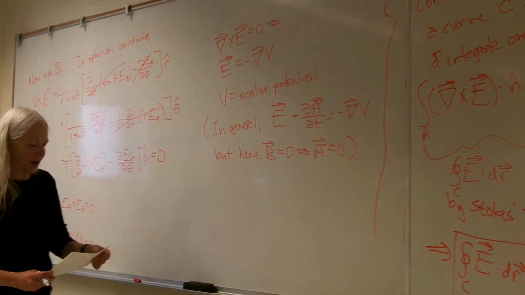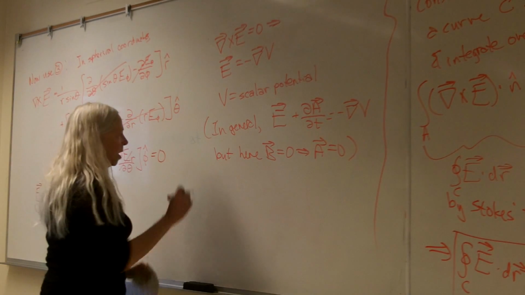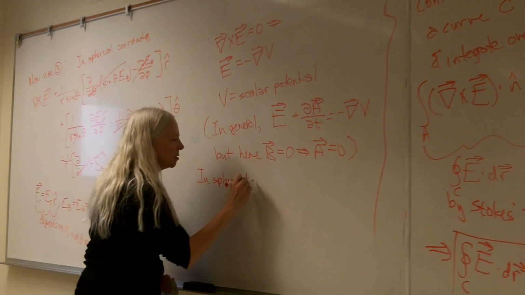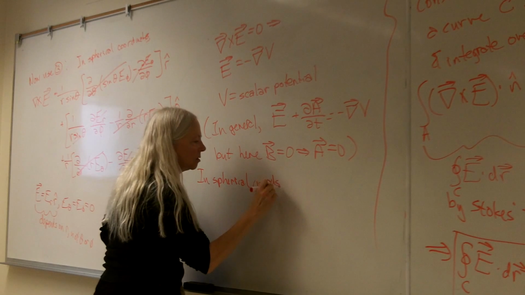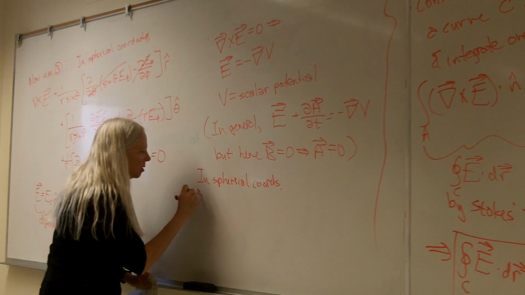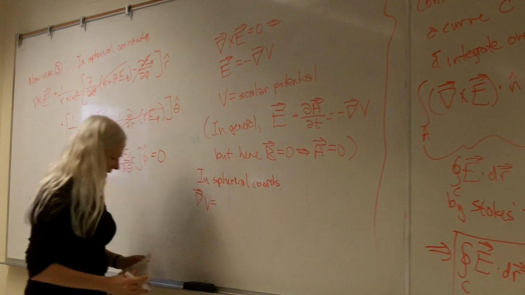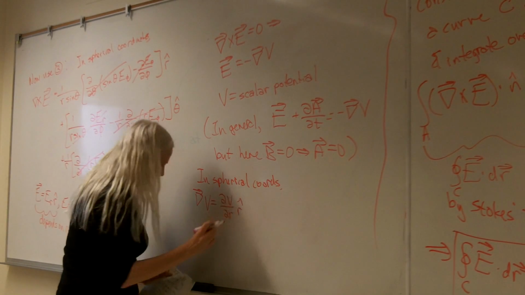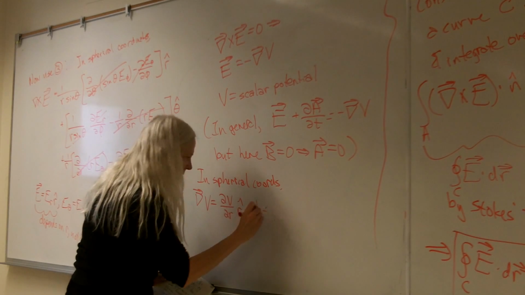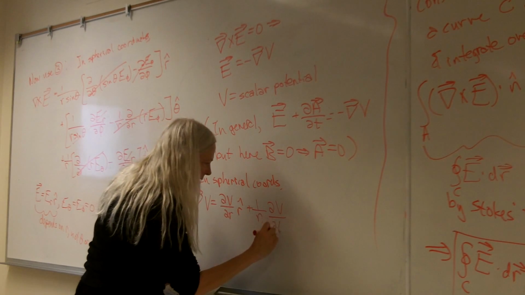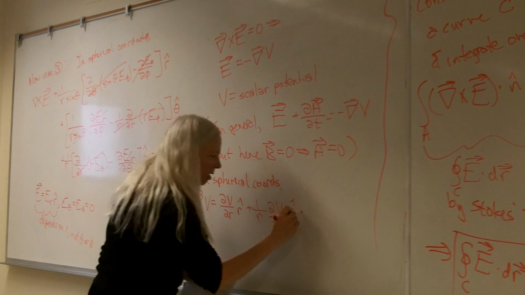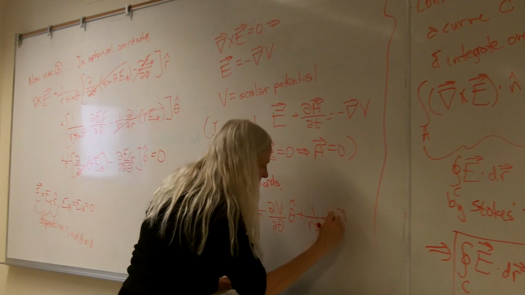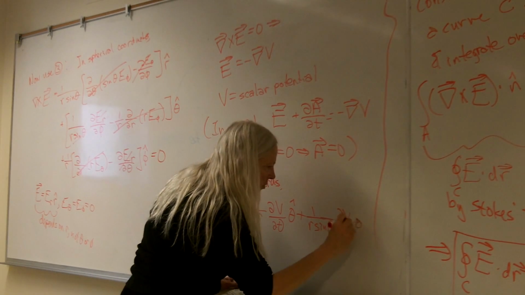Right? E is minus the gradient of V, and in spherical coordinates, the gradient of V is dV dr times r hat plus 1 over r dV d theta times theta hat plus 1 over r sine theta dV d phi times phi hat.